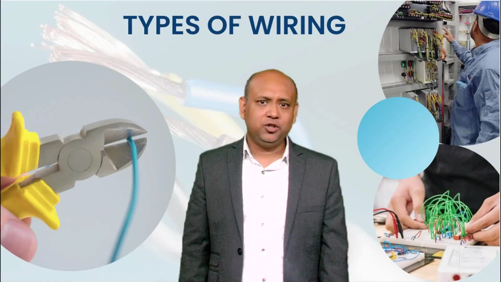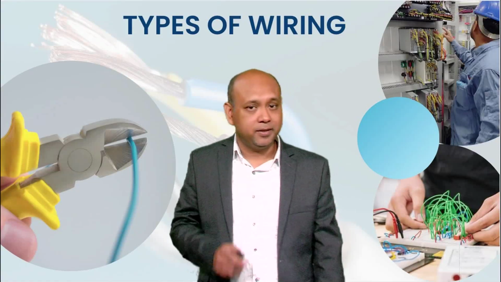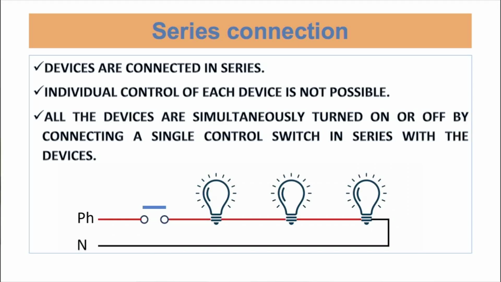Now, let's talk about the series connection first. In a series connection, electrical devices are linked end-to-end, creating one single path for the current to flow. One key characteristic of a series connection is that individual control of each device is not possible.